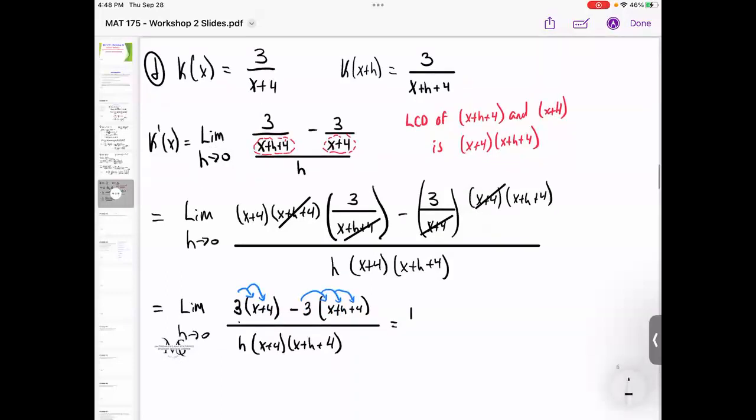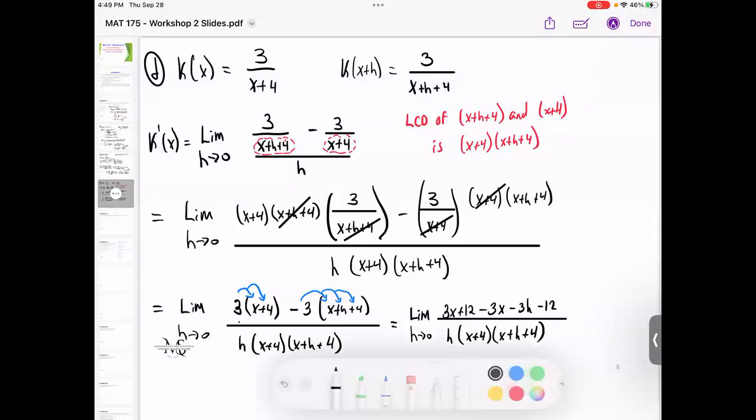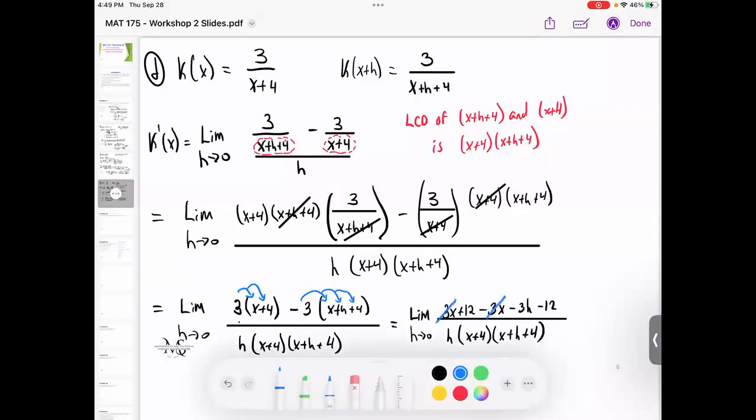This will give us the limit as h approaches 0 of 3x plus 12 minus 3x minus 3h minus 12, all divided by h times x plus 4 times x plus h plus 4. Now let's look at your numerator. Things can cancel out. We can cancel out the 3x, we can cancel out the 12s, and you will have a negative 3h on the top.